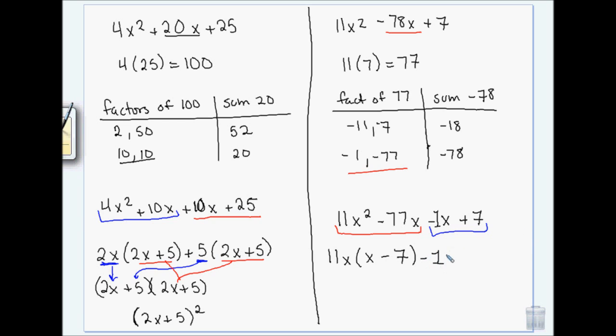So I'm going to factor out a negative 1, because that changes the signs. Does that make sense? Okay. And then I'll take these two, and that makes this first parenthesis. And then these match, so that's my second parenthesis.